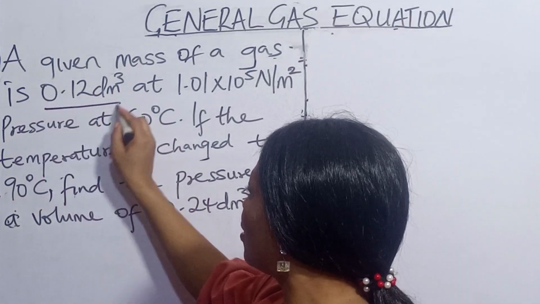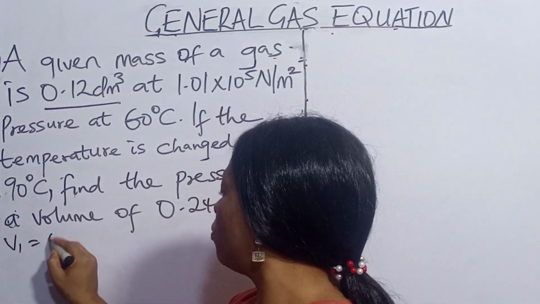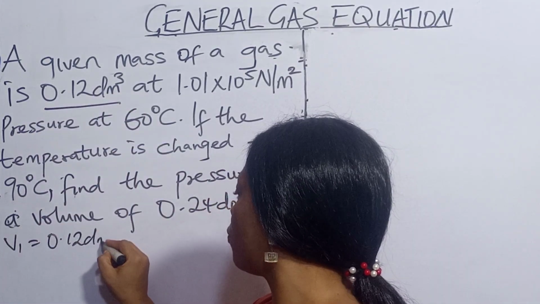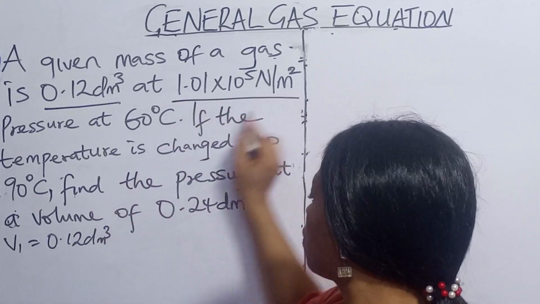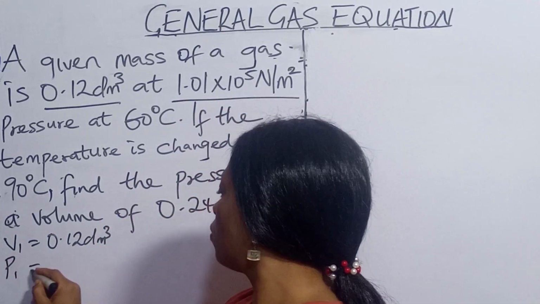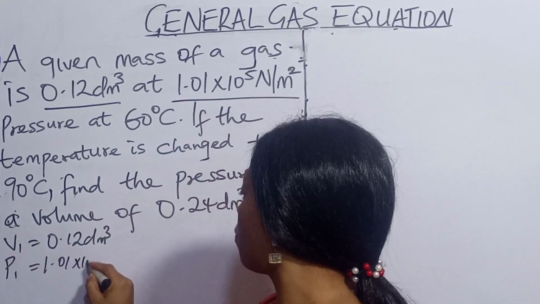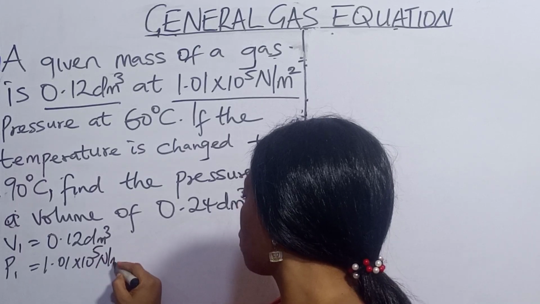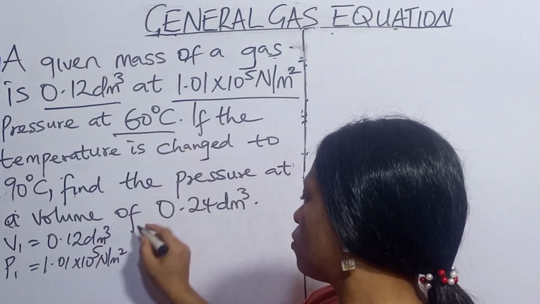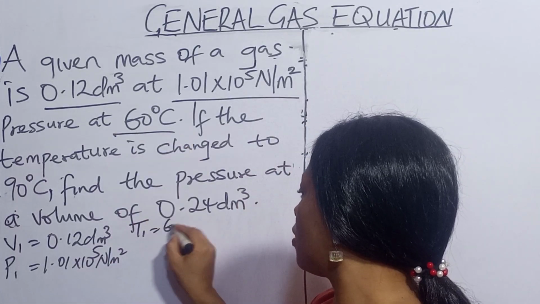So this is V1, 0.12 dm cube. Then this is pressure, P1, 1.01 times 10 raised to the power 5 Newton per meter square. And T1 is 60 degrees Celsius.